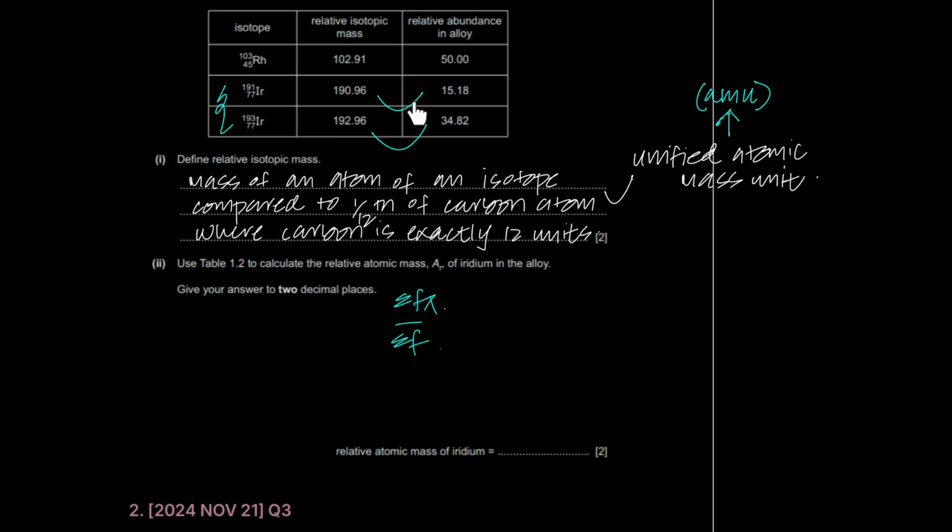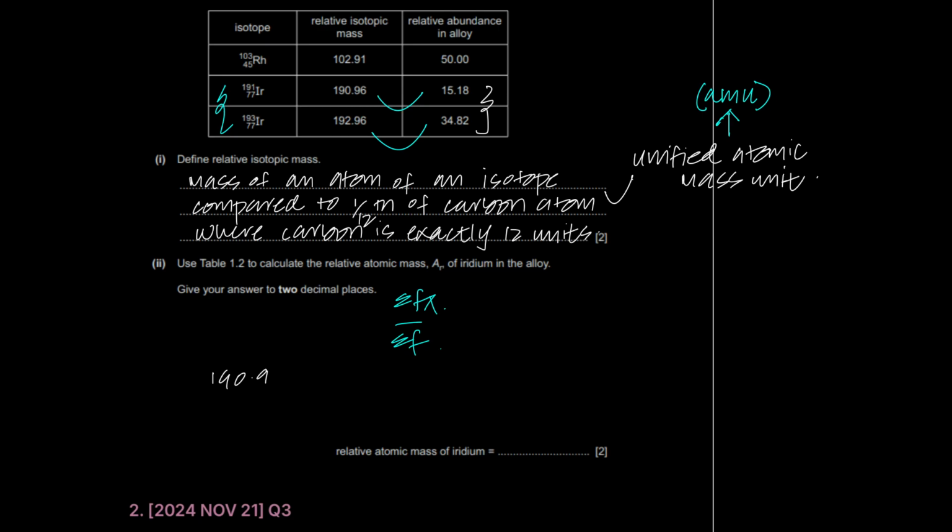So you take the frequency, which is my abundance, multiply it with the isotopic mass, sum these, and then divide by the total abundance, which in this case is 15.18 plus 34.82.